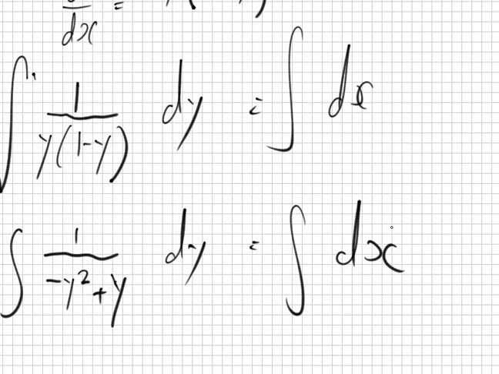Cast your mind back when we had quadratics in the denominator. What are the things we could do? There are substitutions, are there not? There is completing the square, is there not? And something else? Shall we say perhaps proper partial fractions?